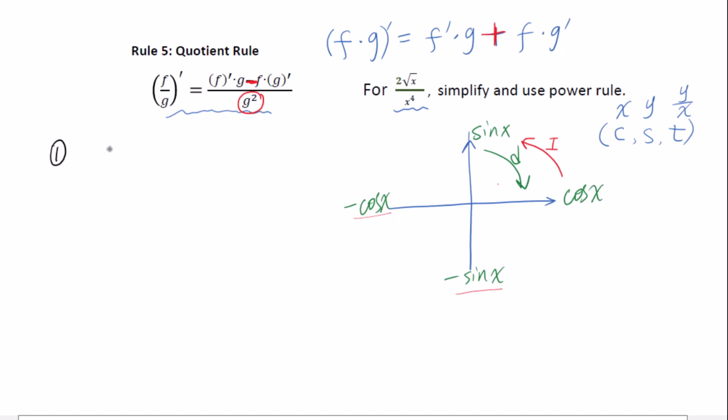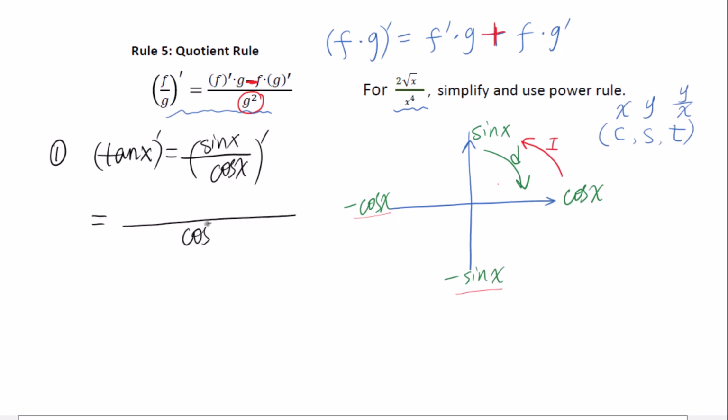Let's try to figure out the derivative of tangent x. We will change it into sine x over cosine x. Then use the quotient rule: cosine square x in the denominator, sine x prime times cosine x minus sine x times cosine x prime.